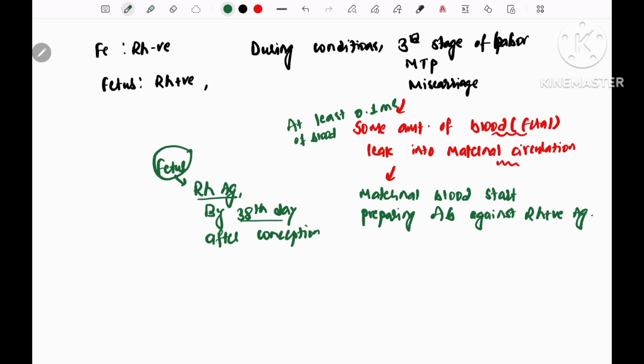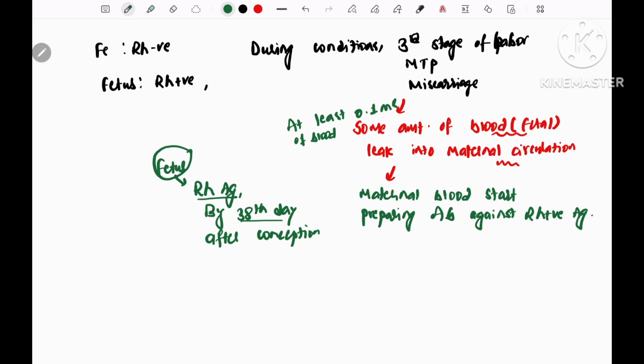Any cause like trauma or antepartum hemorrhage, if it releases blood from the fetal circulation into the maternal circulation after the 38th day of conception, can lead to formation of antibody against the Rh positive antigen in the maternal circulation, which will subsequently affect future pregnancies.